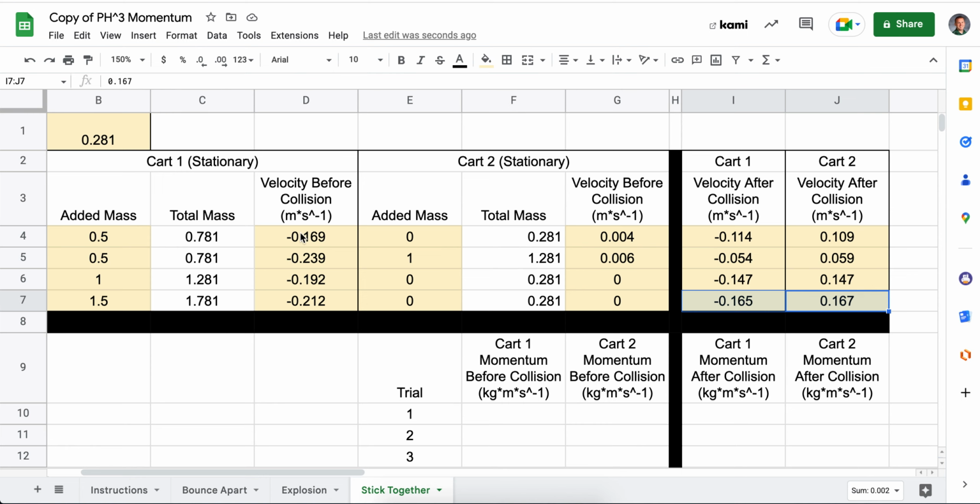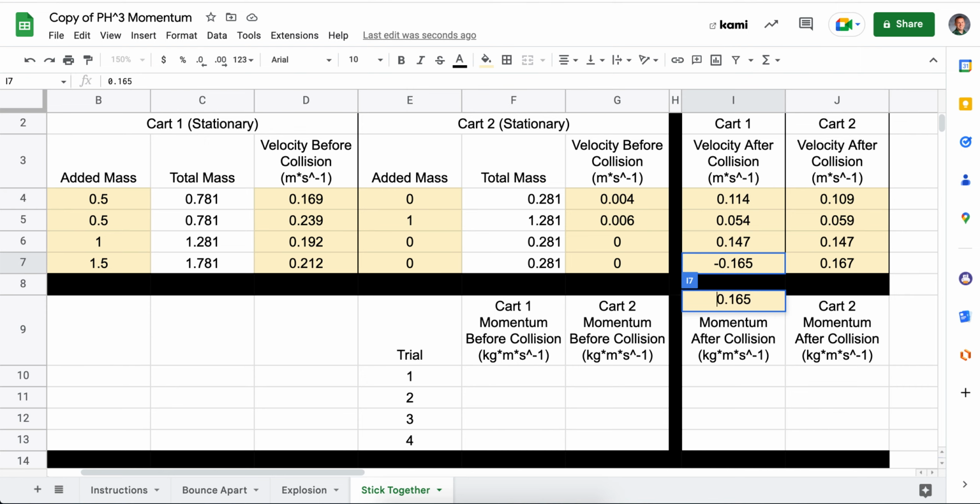So I'm going to take these values and replace them with a positive. Basically, when we took the data, one cart was facing one way and one cart was facing the other way. That's why one's positive, one's negative. But we're just going to imagine them as all being positive in this case. Now, when they bounce apart, there definitely are cases where velocity 1 after the collision could be negative. But in this case, positive actually makes the most sense.